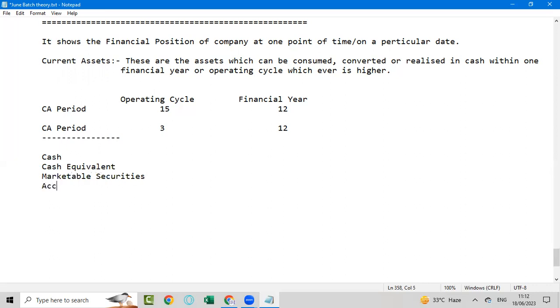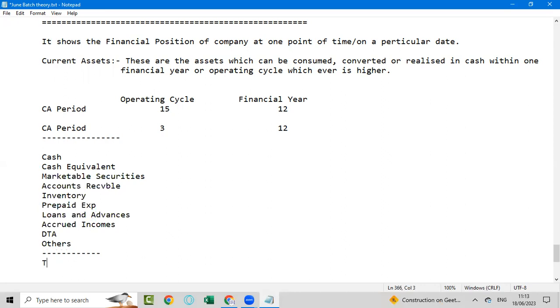Then accounts receivable, inventory, prepaid expenses, accrued incomes, deferred tax assets, others. You may have loans and advances also. Then you will have total current assets.